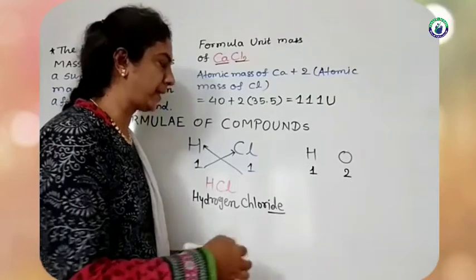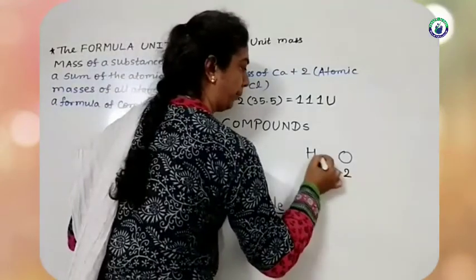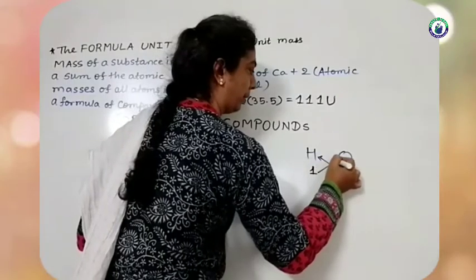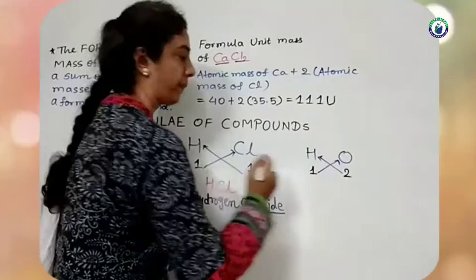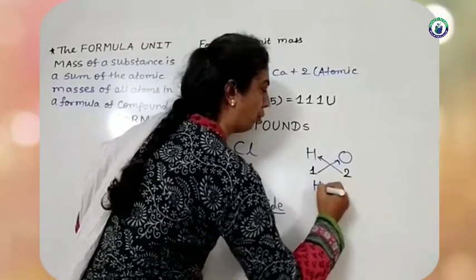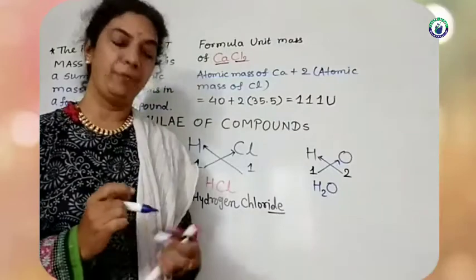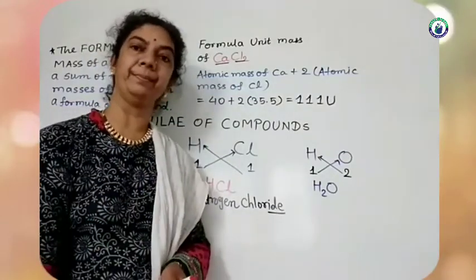Now crisscross them. So here we are supposed to write this number in the subscript. So the formula will be H2O, which chemically we can say as hydrogen oxide.